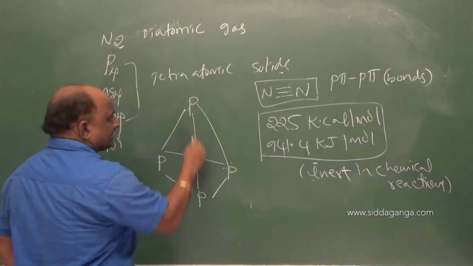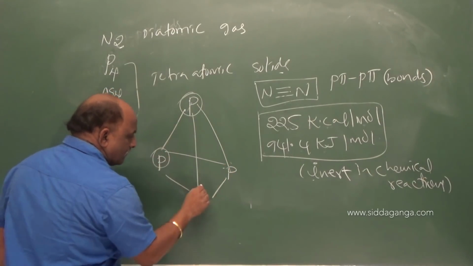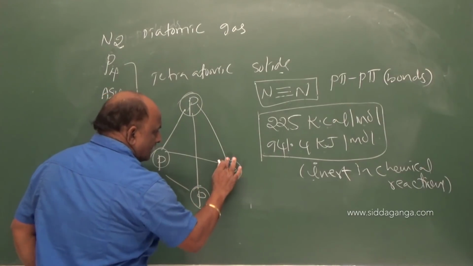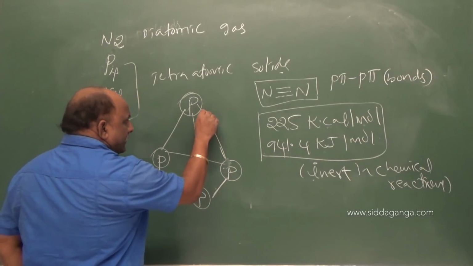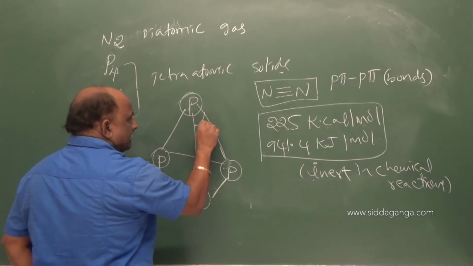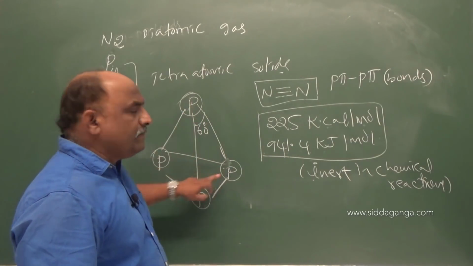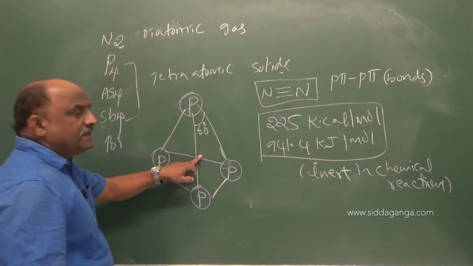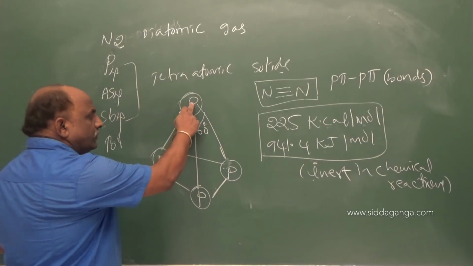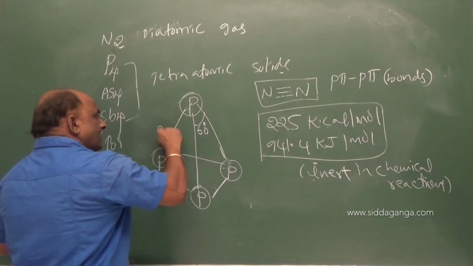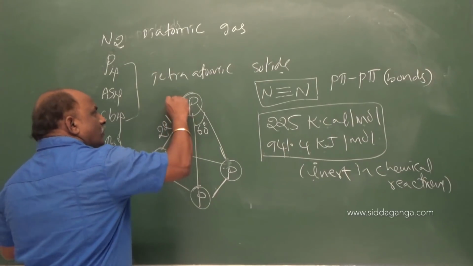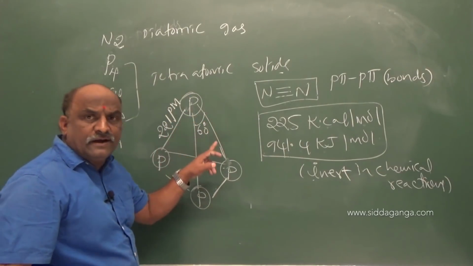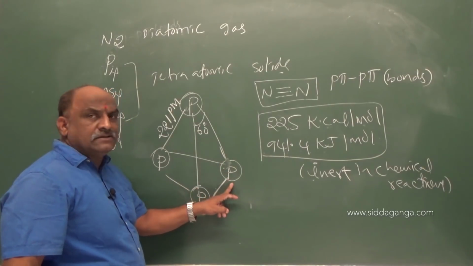The PPP bond angle is 60 degrees, and the PP bond length is 221 picometers. So it is a regular tetrahedral geometry of phosphorus.